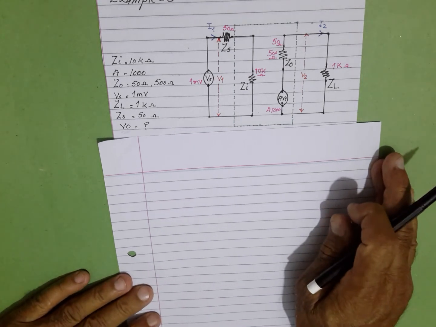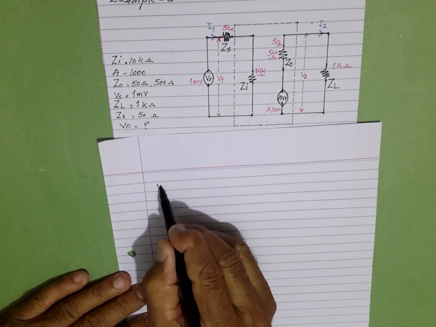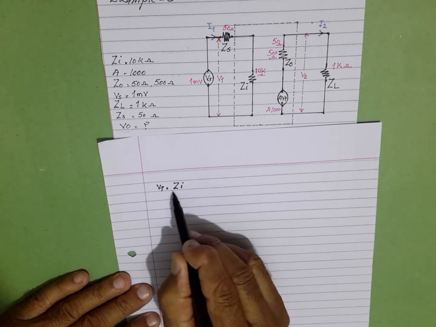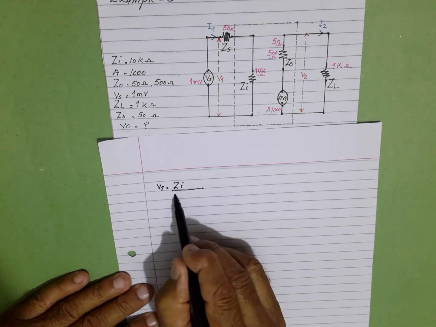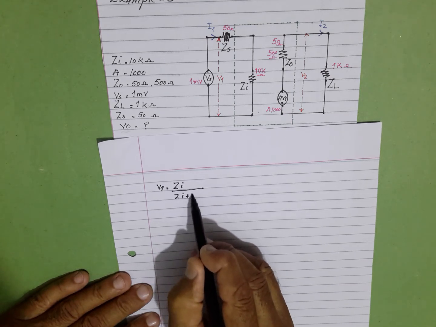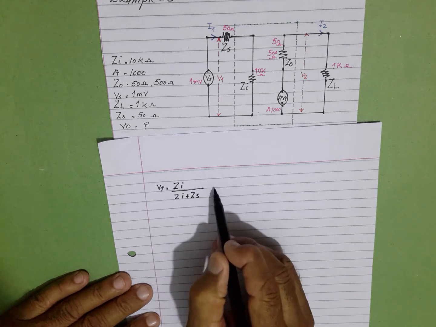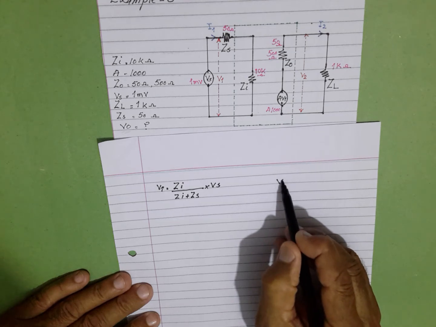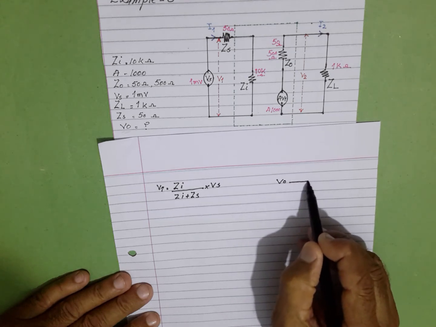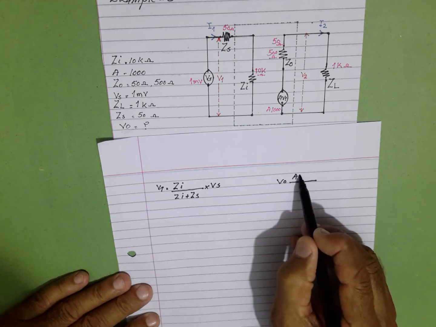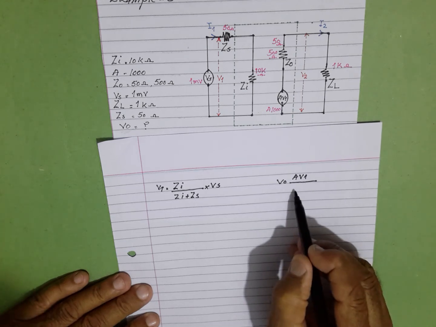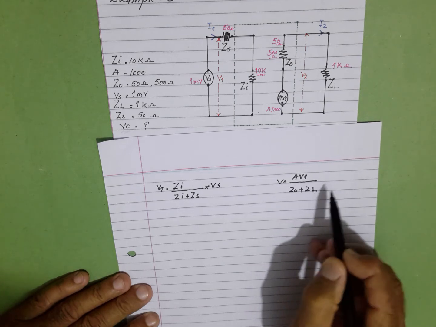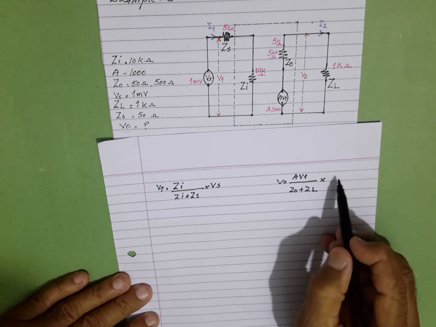First, as usual, we'll write the formula. V1 is equal to Zi over Zi plus Zs into Vs. V naught is equal to the output controlled generator A V1 divided by ZO plus ZL into ZL.